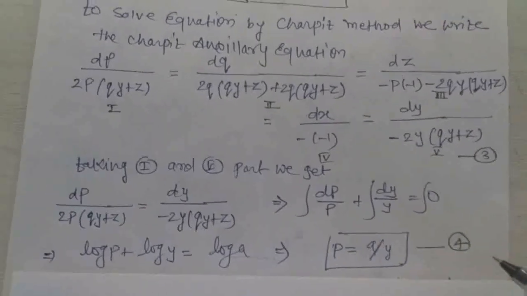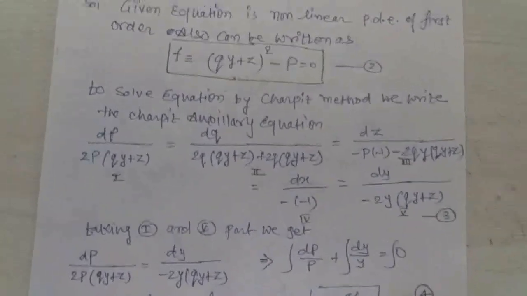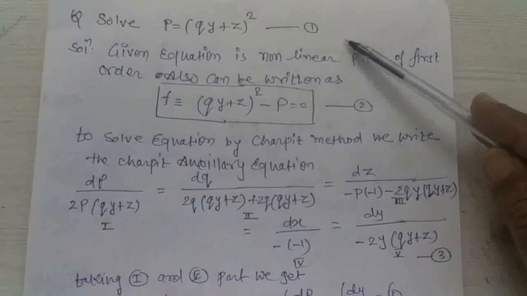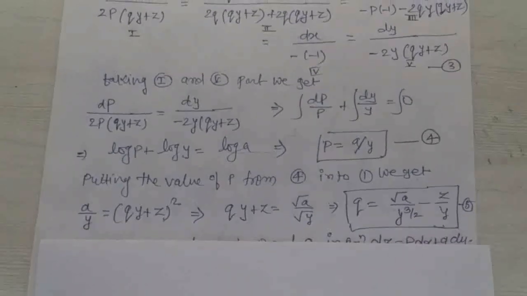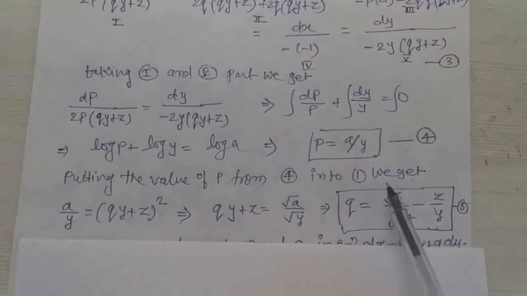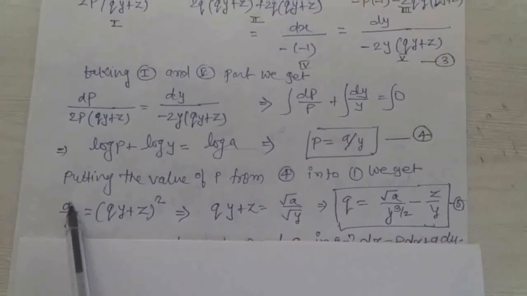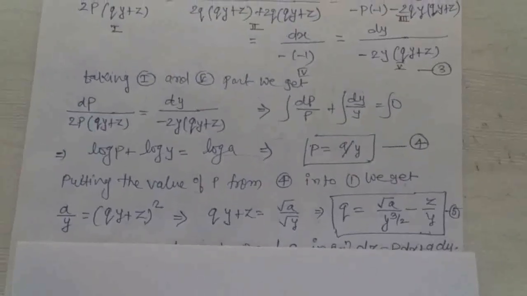Now putting the value of p from equation 4 into equation first, we get the value of p, which is a by y, equal to (qy plus z) whole square.